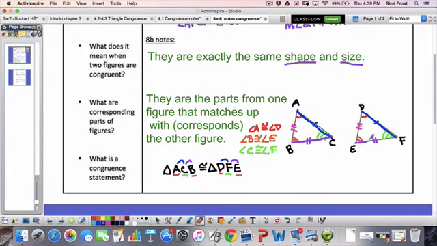Very colorful notes here. And then lastly, my BA, so I'm going from the very end all the way back to the beginning, BA goes with ED. Okay, so this is a congruency statement, and you have to be very careful of the order. So we're going to stick with this for a little bit and try some examples.